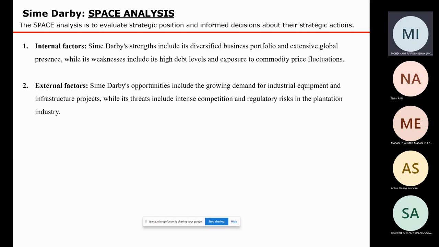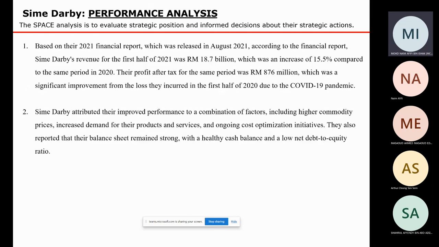There is also exposure to commodity and palm oil price fluctuation, depending on Europe, so these are the problems. Externally, there is opportunity for growth in industrial equipment and infrastructure projects, because they have a very strong foundation and customer base.